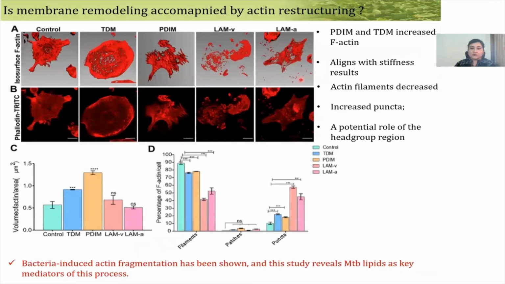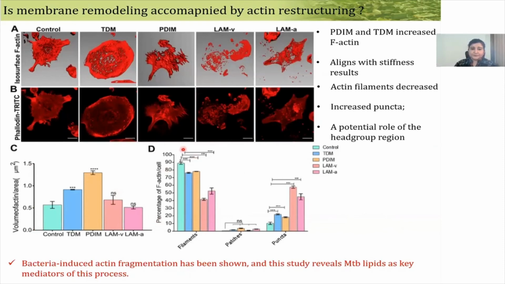So we used confocal microscopy and antibodies that are capable of staining these actin filaments. In absence of these lipids and in presence of different kinds of mycobacterial lipids, we first quantified the abundance of actin, which was modulated to different extents, wherein some of the lipids caused an increase in the actin abundance, while others did not cause much change. In addition to the abundance, we also saw that the actin morphology is altered to different extents.